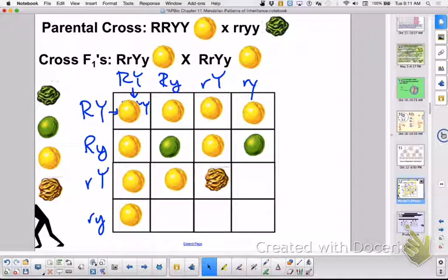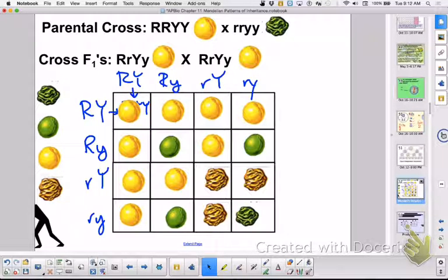That's good. What's this one going to be? Perfect. What's this one going to be? Round and green. Okay. What's this one going to be? Wrinkled and yellow. And what's this one going to be? Wrinkled and green. Now, based on phenotypes, how many different phenotypes do we have?